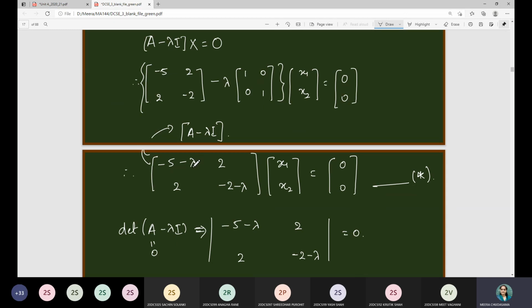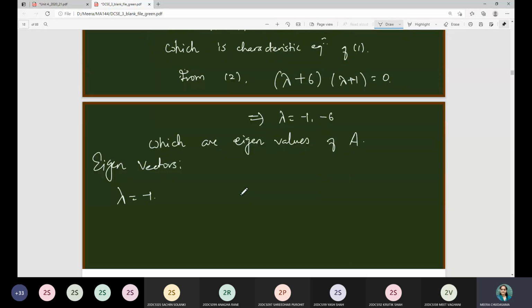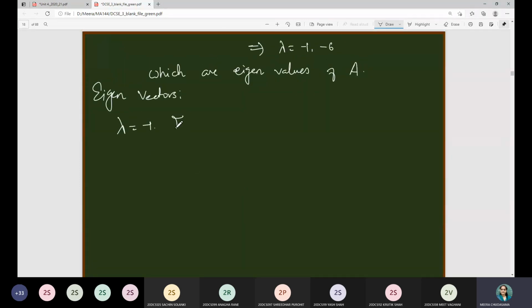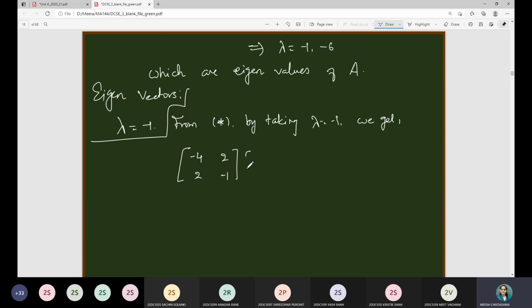So when I substitute lambda = -1 here, this entry will be [-4 2; 2 -1]. So I will write it over here. From star, by taking lambda = -1, we get [-4 2; 2 -1][x1; x2] = [0; 0].